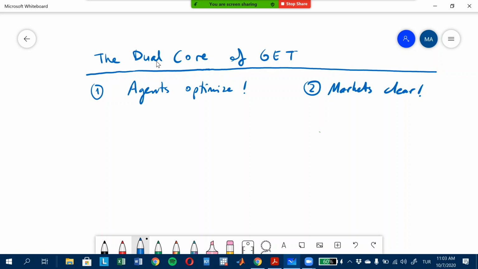So when I say agents optimize, I basically talk about two methodological principles. One is methodological individualism.